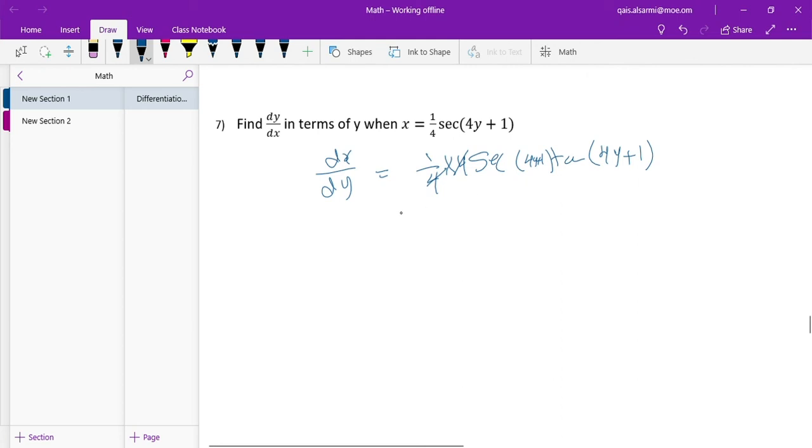This is dx by dy. But the required here is to get dy by dx. So you just flip the answer, which is 1 over tan of 4y plus 1, sec of 4y plus 1. Next.